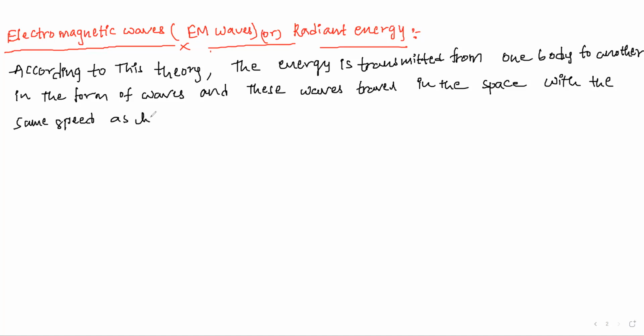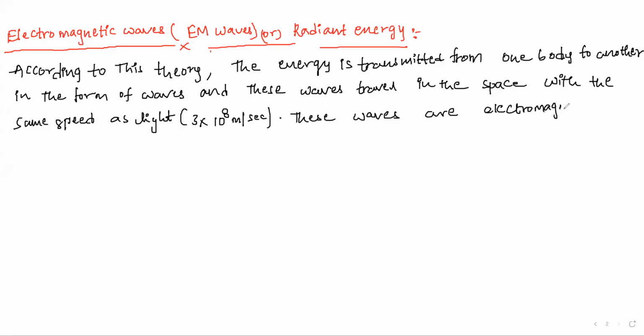Do you know the speed of light? 3 into 10 to the power of 8 meter per second. Okay. These waves are called electromagnetic waves.